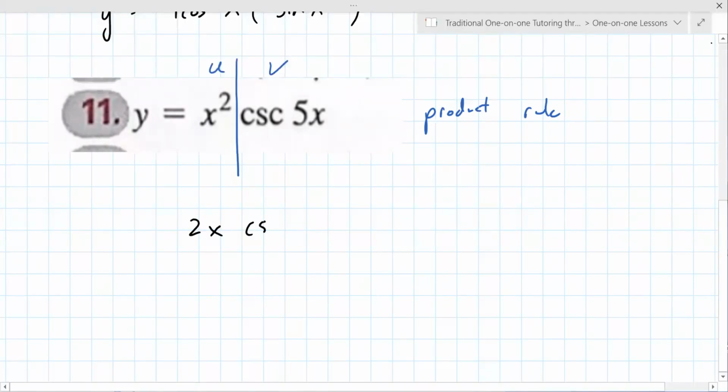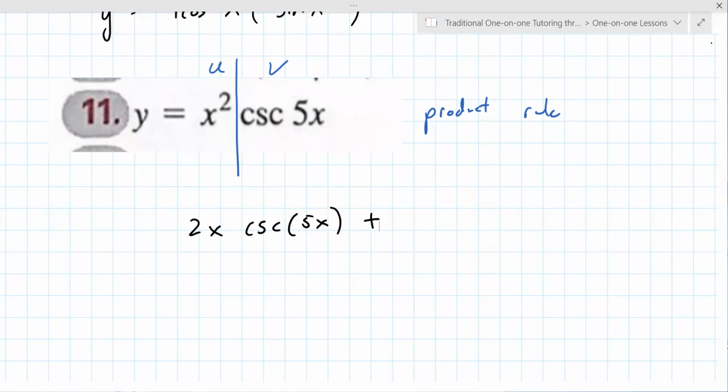2x times cosecant 5x plus, so it's the derivative of cosecant, right? Yeah. I need to learn that. Yeah, take a look at that. Do you have a reference sheet that you use, or do you get it from the book? I need to just get it out. We don't get a reference sheet, so I need to memorize these.